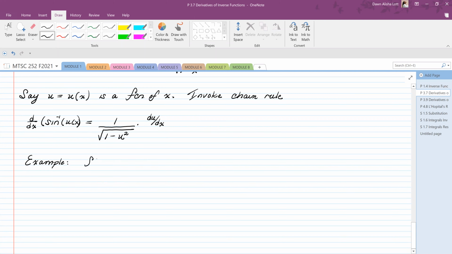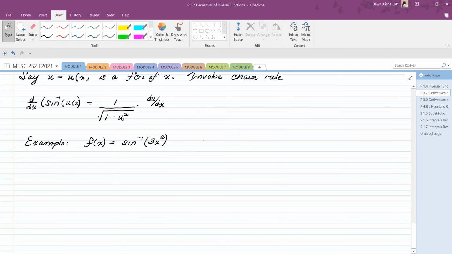So f of x is the sine inverse of 3x squared. Okay. So here u is 3x squared, and du dx is 6x.